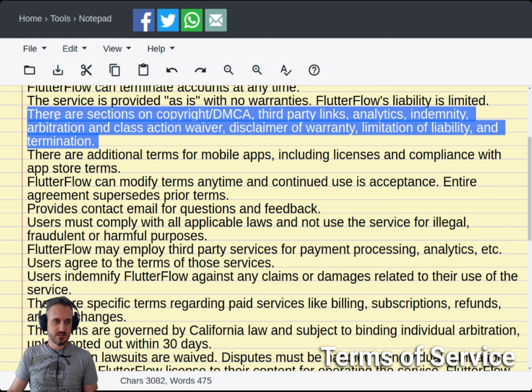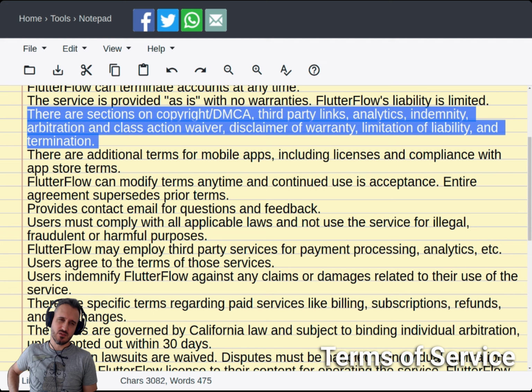And then we have other sections. I'm just trying to get in general what the other sections are. So there are other sections like copyright, DMCA, third-party links, analytics, indemnity, arbitration, and class action, where I'm not sure what those actually are.